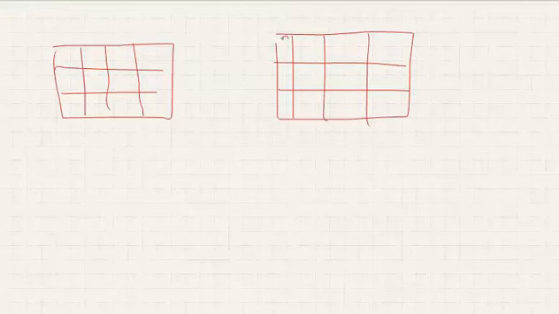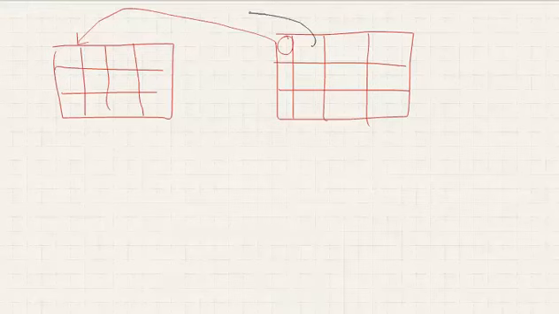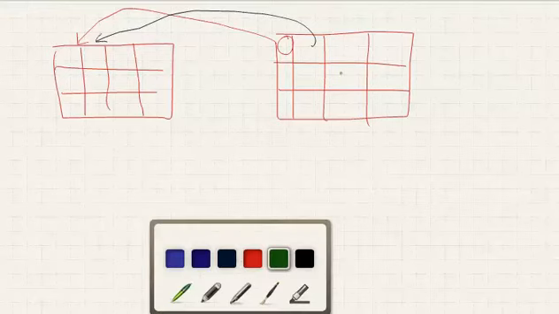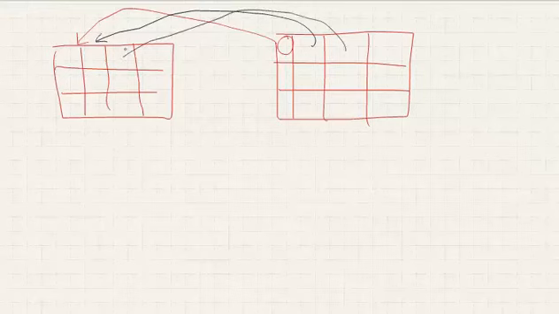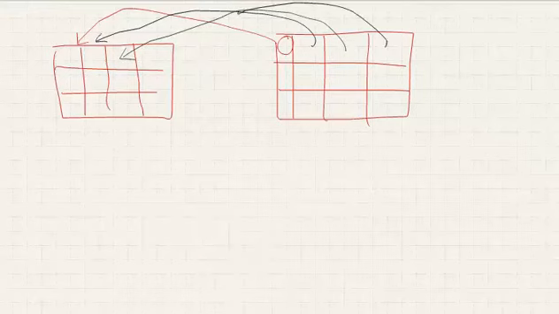So I'm reading first pixel, copying into the first pixel here. I'm reading the second pixel, copying into here. Third pixel, copying into here. Fourth pixel, copying into here. That's what I do. Read each and every pixel from the input array to the output array. That's what I'm doing.